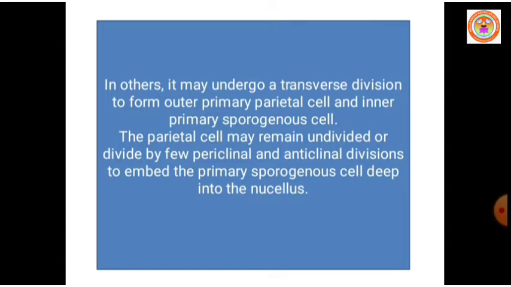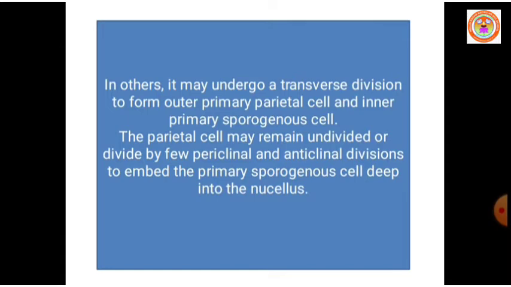The outer primary parietal cell moves towards the epidermis, and the inner primary sporogenous cell moves towards the tapetum. Same here, the primary parietal cell forms outside, and the inner sporogenous cell towards inside.